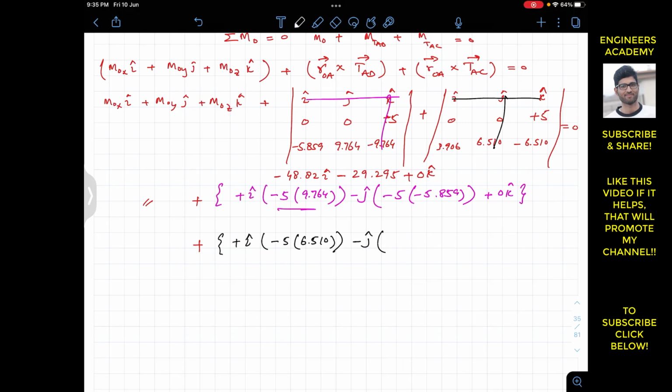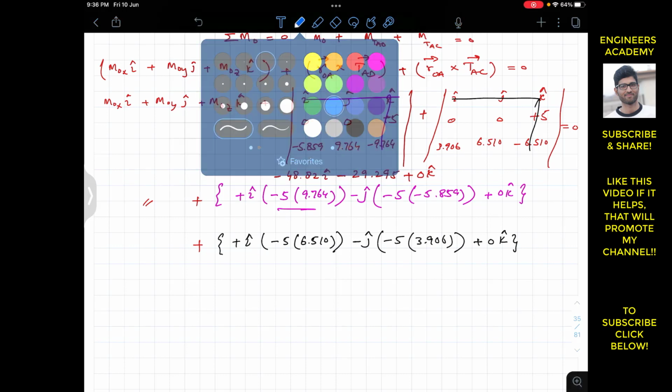So this will be minus, and minus 5 into 3.906, and similarly for k this will become 0 and 0. So this is 0k. So this is plus 0k.